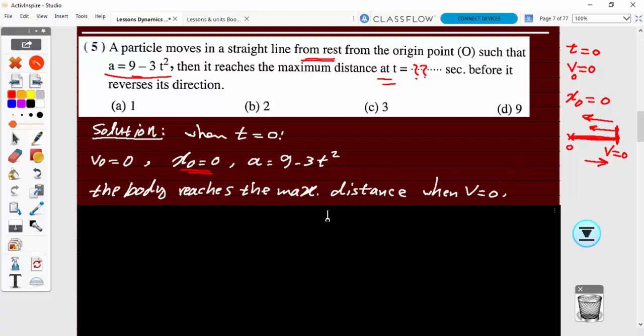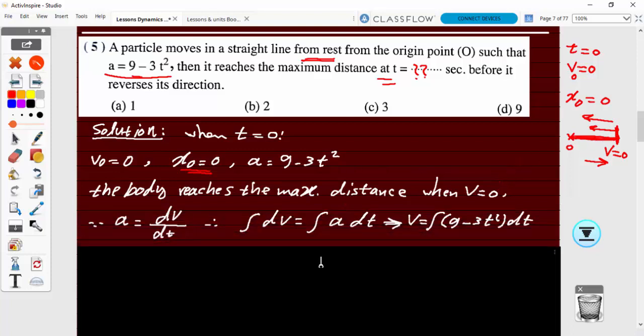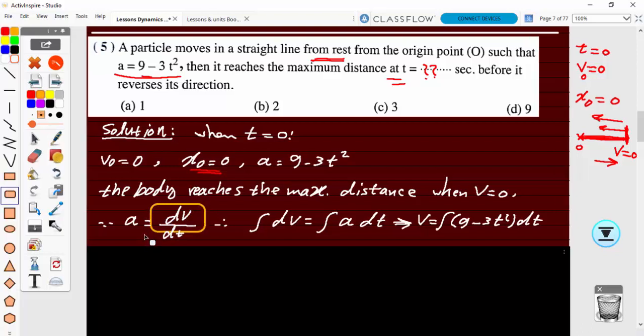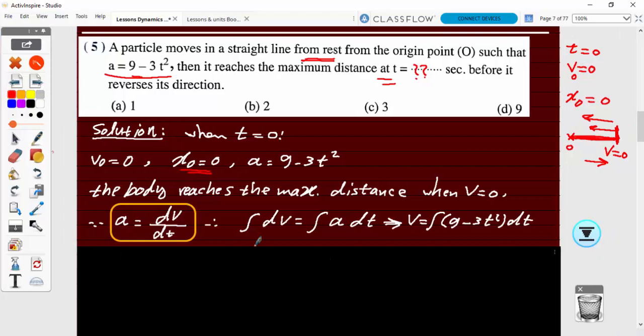Okay, I explained it here. So we must calculate the velocity. We know that a equals dv/dt, right? So the integration of dv equals the integration of a dt.